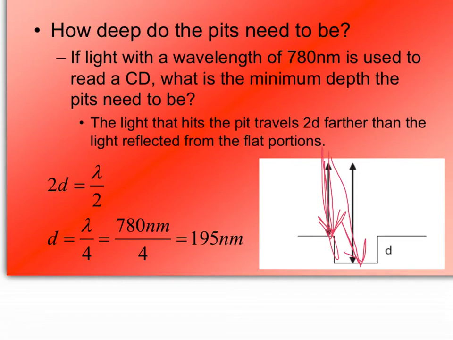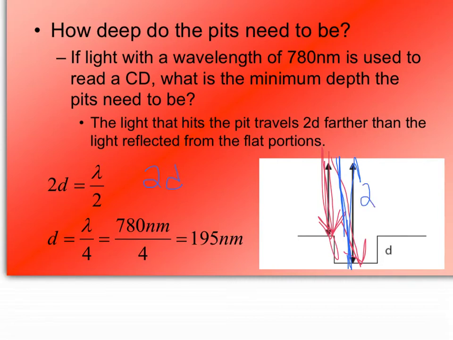In order for our waves to be out of phase, there has to be a half wavelength difference between the two waves. And because this wave that goes to the bottom actually travels to the bottom and then back up, it travels a distance 2d, where d is the depth of our pit, further than light wave 1.